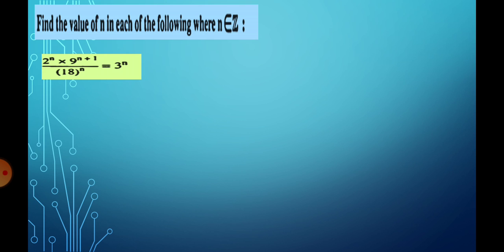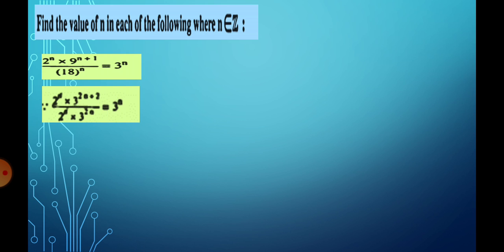If 2 to the power n times 9 to the power n plus 1 over 18 to the power n equals 3 to the power n. First, we find the simplest form of the left hand side. 2 to the power n stays 2 to the power n. 9 means 3 to the power 2. 18 means 2 times 3 to the power 2.